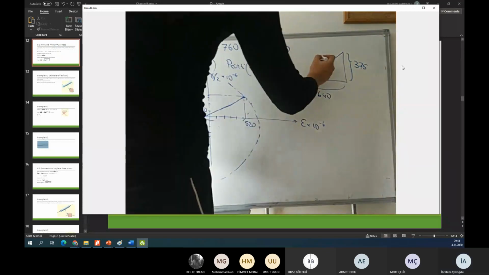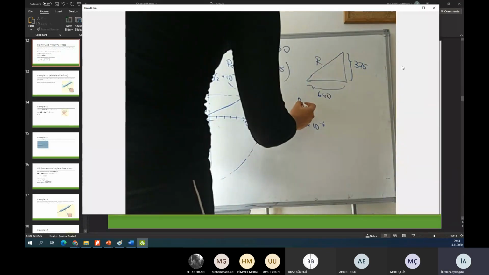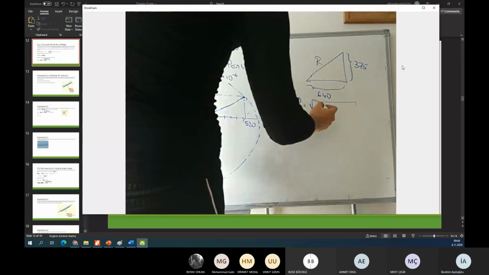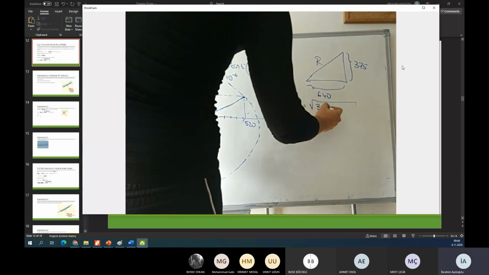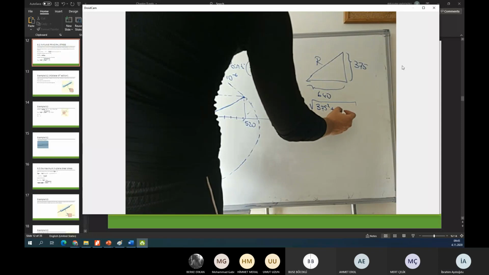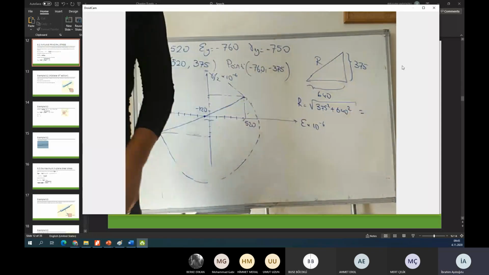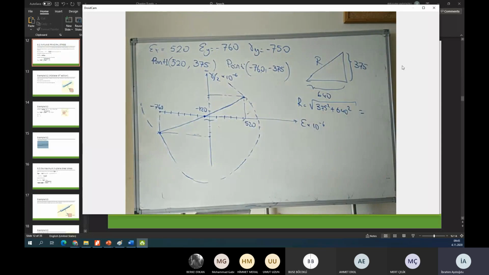So, I want to use R. R is equal to the square root of 375 squared plus 640 squared. I don't have a calculator, but I think I already calculated this value.